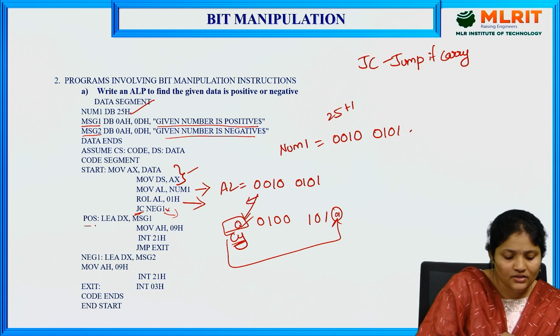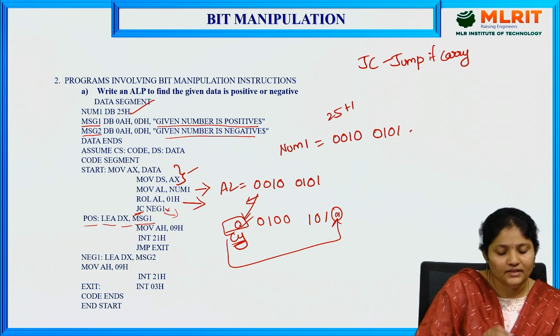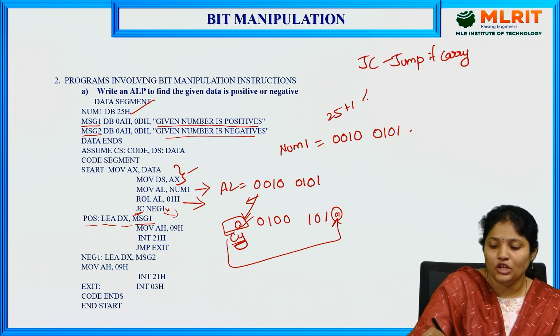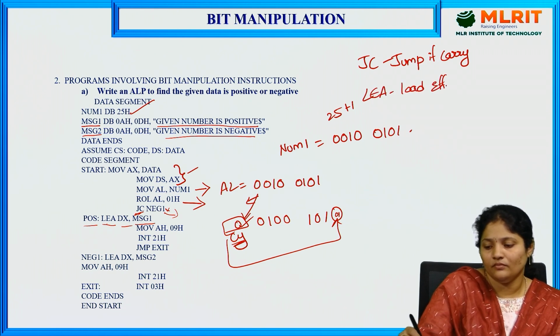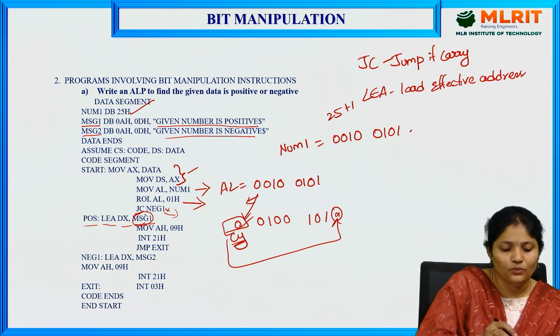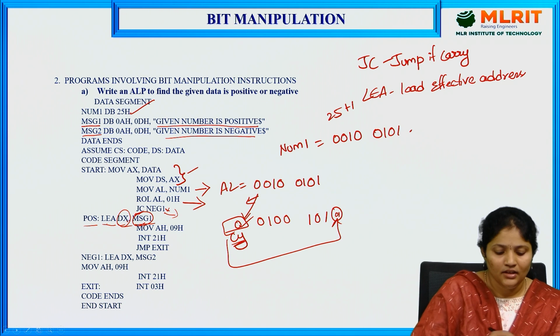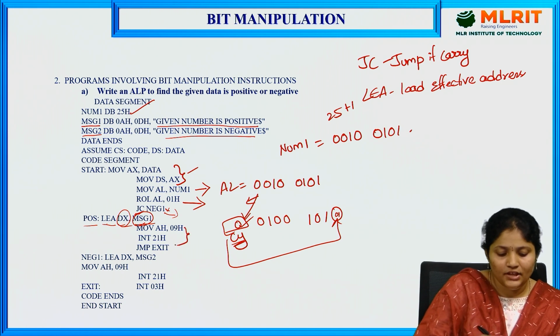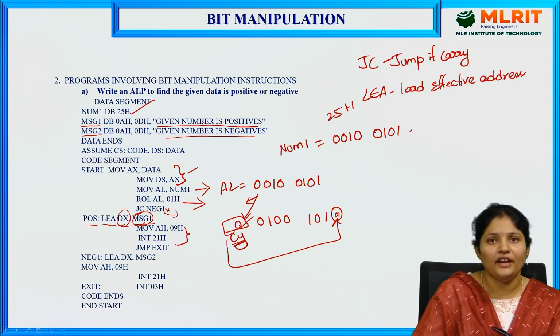What is the next instruction? LEA DX, message 1. LEA means load effective address. It loads the effective address of message 1 into the register DX. Then MOV AH, 09H followed by INT 21H.